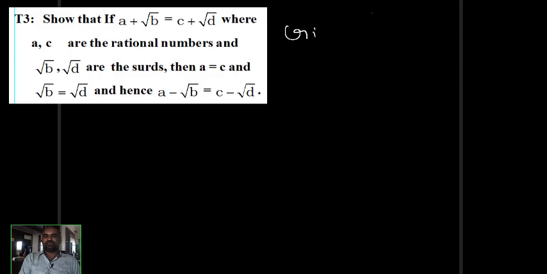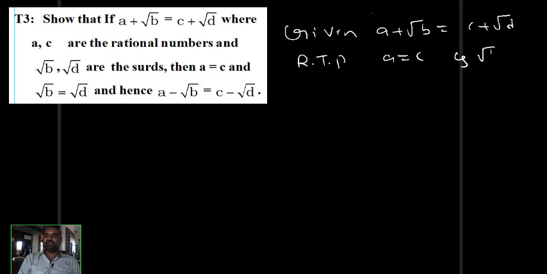Given a plus root b equal to c plus root d, required to prove a equal to c and root b equal to root d. After completion of this, what can I say in conclusion?